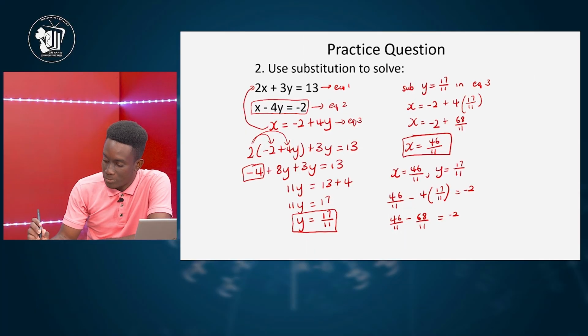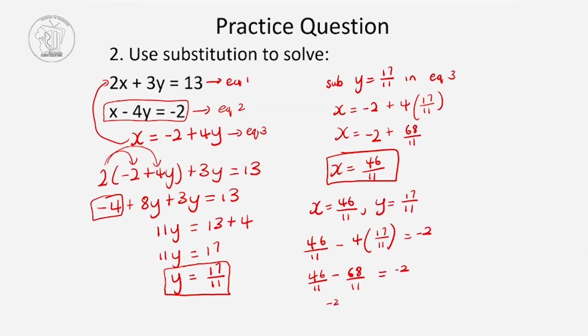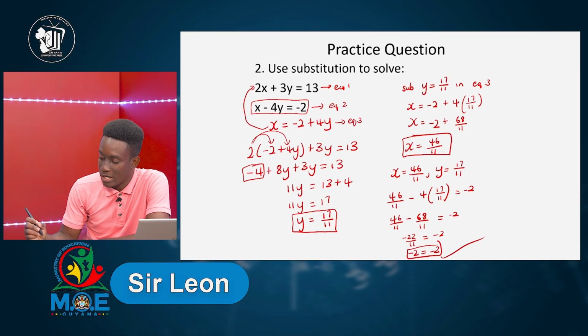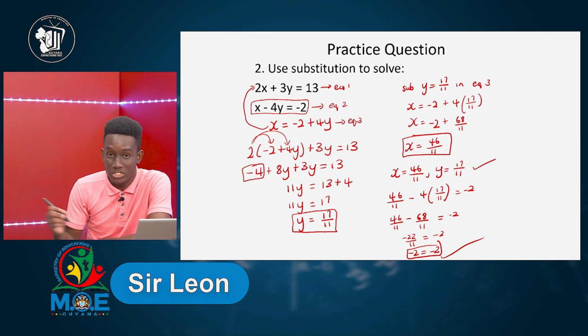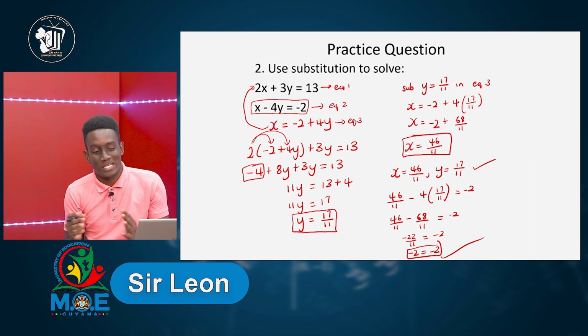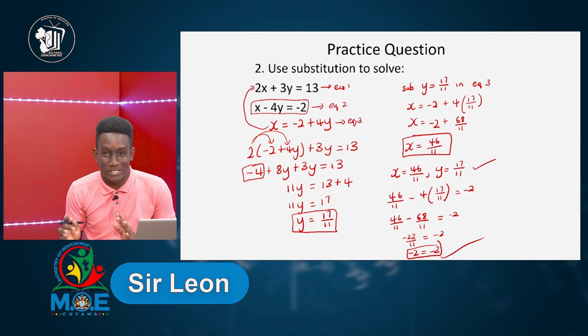So 46 subtract 68 gives us negative 22 over 11, and negative 22 divided by 11 gives us negative 2 is equal to negative 2. So that checks out, so we know our initial answer is 100% correct and we got all of our marks. And that is how you check.